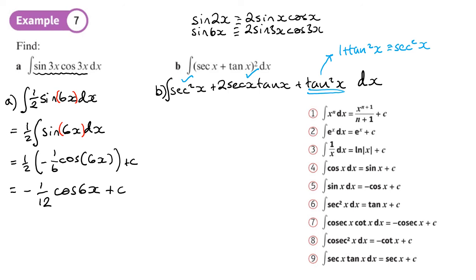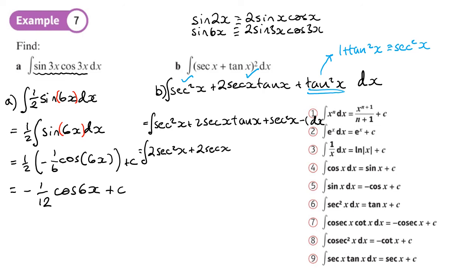So equals, let's just do the substitution first, plus 2 sec x tan x, and then it's going to be sec squared minus 1, so plus sec squared x minus 1 dx. So that will become 2 sec squared x plus 2 sec x tan x minus 1.